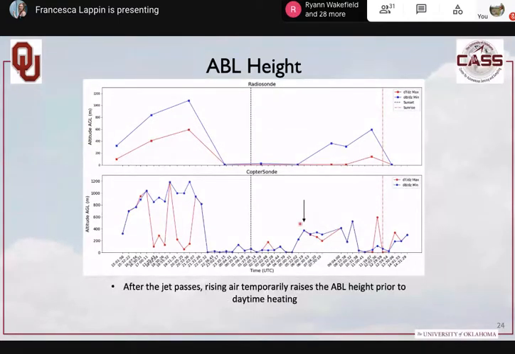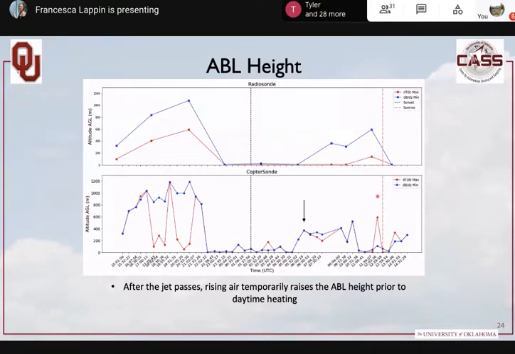And we can also see that a few hours after the jet has been in the area, we have a rise in the ABL height that persists for a little bit before radiational cooling brings the top height down again. And we see that in the buoyancy method for the radiosonde data, but not so much the temperature.